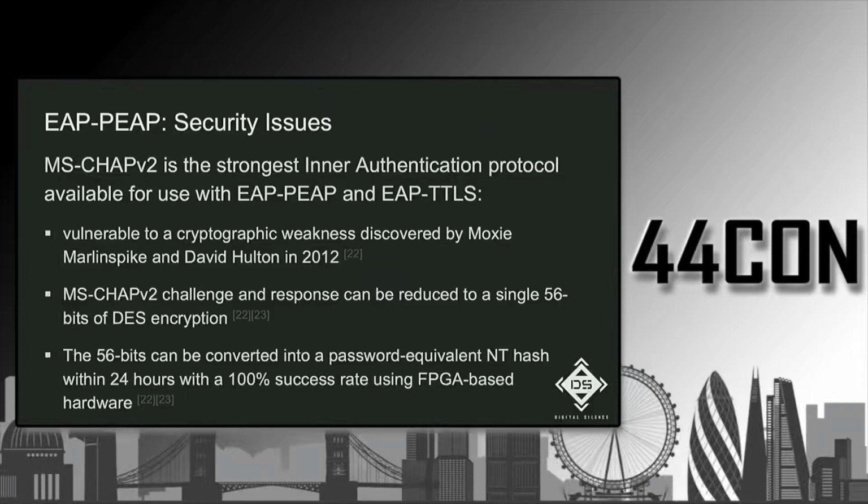Now, granted, the rig that they built was a $100,000 FPGA-based cracking rig. So it was kind of expensive. However, they did make it public, to nuke the argument that most people couldn't have access to this. So they essentially said, well, you can use ours. Actually, I had the pleasure of speaking with Mr. Hulton last summer, and he was telling me that the cracking rig they built back in 2012 that cost them about $100,000 to build would now probably cost anywhere between $10,000 and $20,000 to build.